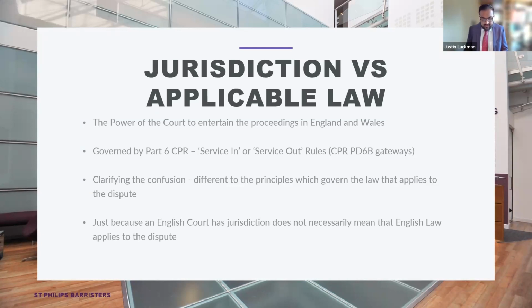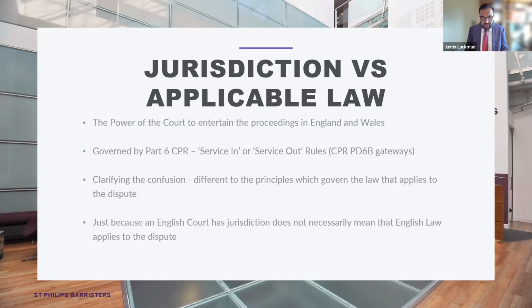As set out on screen, for the most part the requirements of jurisdiction are governed by the service requirements of CPR 6. So if you can serve a defendant within the jurisdiction, then the English courts will assume jurisdiction, or you may need to serve outside of the jurisdiction. And some of you who attended my previous seminar remember the four-part test I referred to.